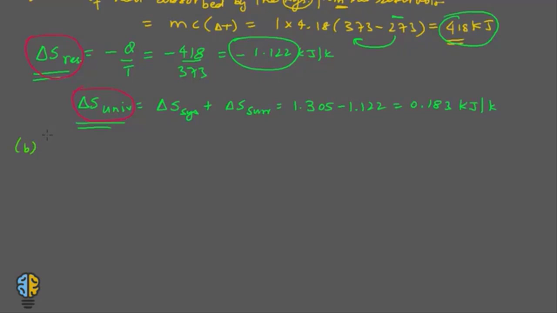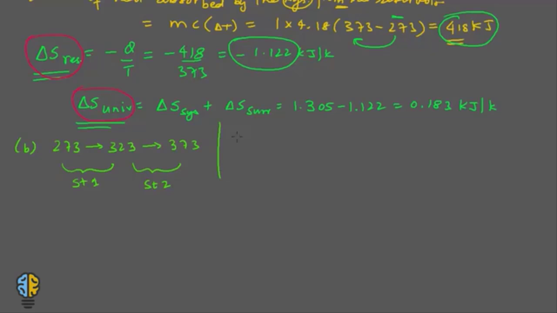Now in this, the water is being heated in two stages. The first stage is from 273 to 323, and then from 323 to 373. So this is stage 1 and this is stage 2.